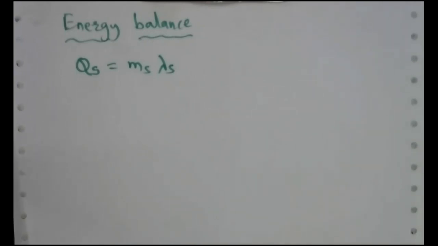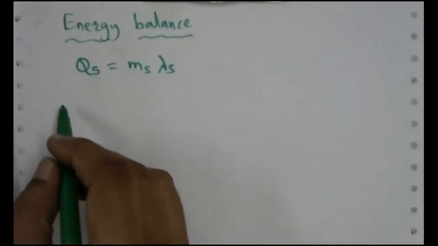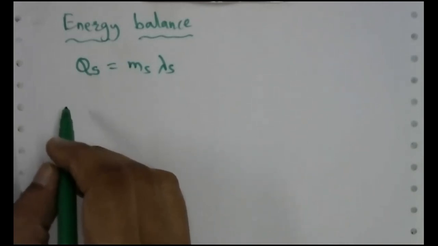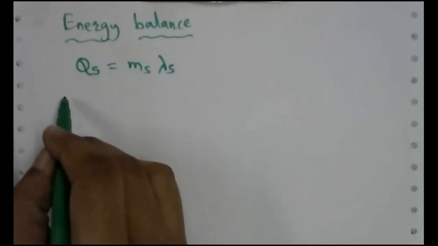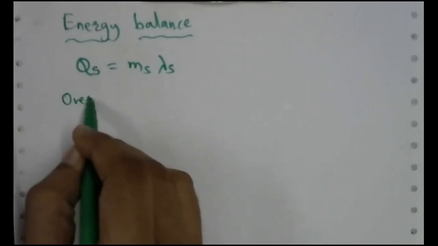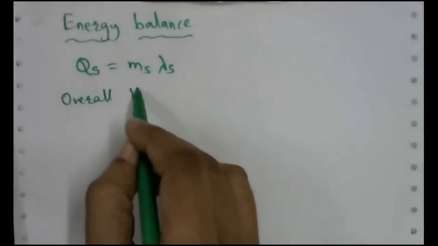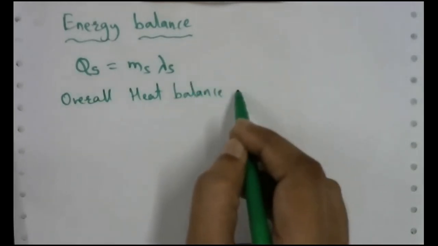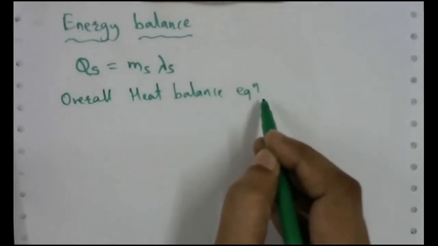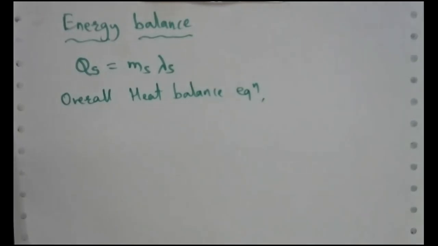Then for the overall heat balance equation around the evaporator, it is basically the heat related to the input is equal to the heat related to the output.